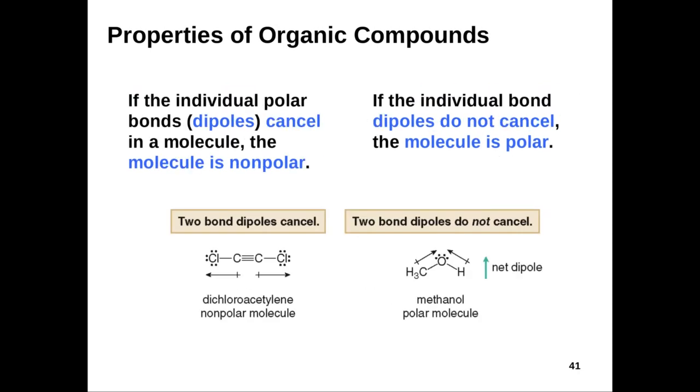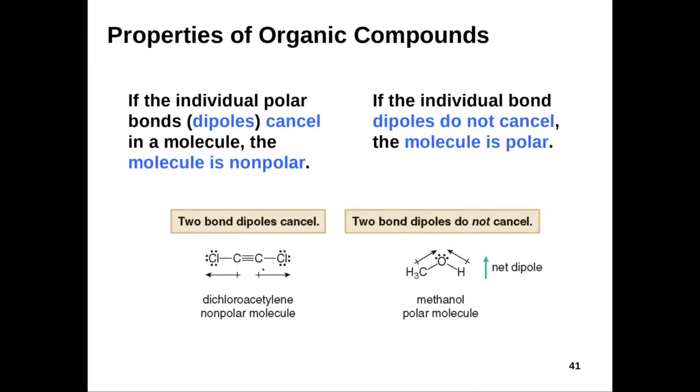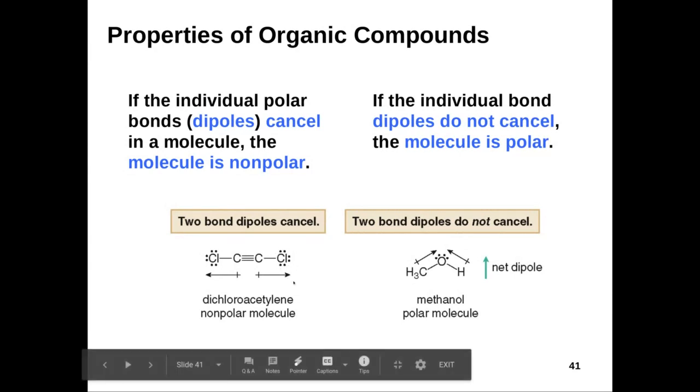Now, there is some interesting action going on here, which we call a dipole. We can look at dichloroacetylene, where we have carbon triple bonded to another carbon, but each one of those carbons is in turn bound to a chlorine.